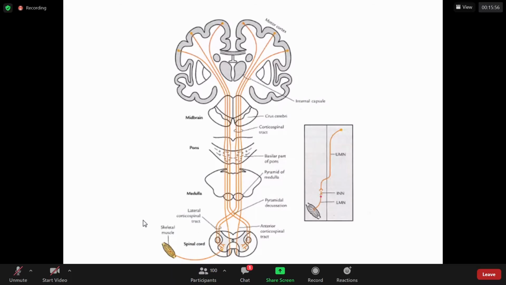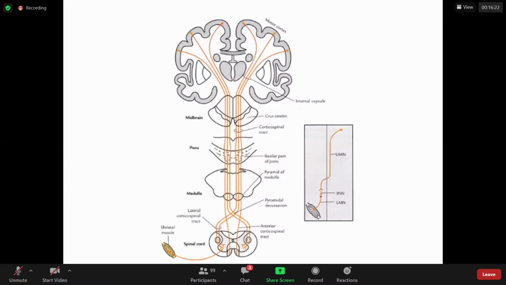Now what happens? The lower motor neuron cell body is located in the anterior horn, as you can see, and its axon comes out as the anterior root of the spinal nerve, or motor root. The posterior root, or sensory root, joins together with it at the intervertebral foramen, and there they form the trunk of the spinal nerve.